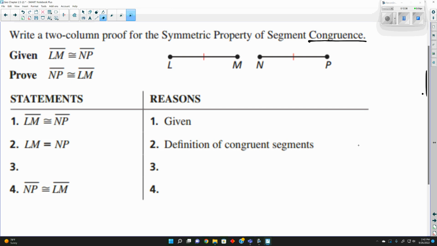Now, one of our postulates for segment equality is that we can flip it by the symmetric property of equality, because we've already proven that it works. We're not talking about the segments, we're talking about their lengths. So literally all you do is flip it. So we're manipulating it.